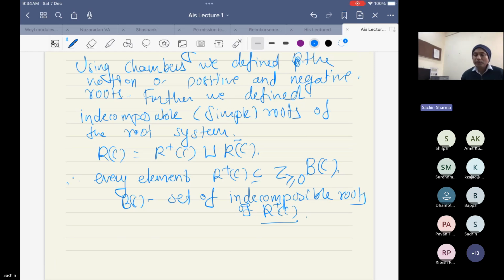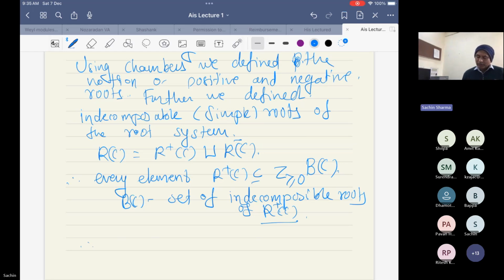So it is a very crucial improvement. These simple roots play a pivotal role in classifying the so-called simple Lie algebras. At least we would come to know what we are expecting to be simple Lie algebras.